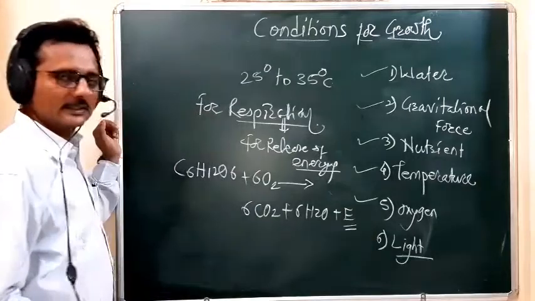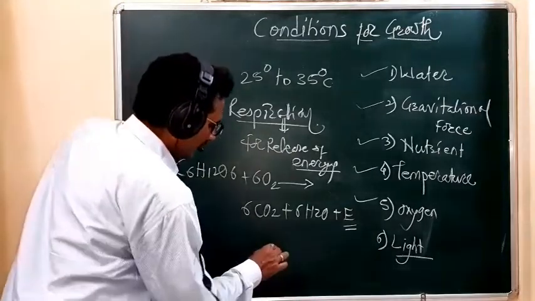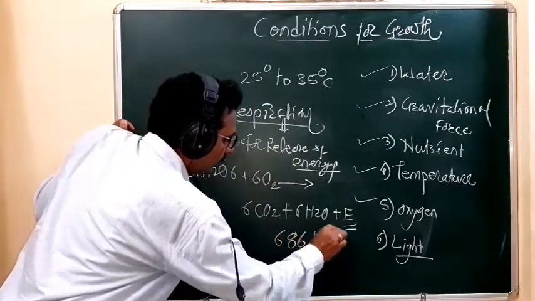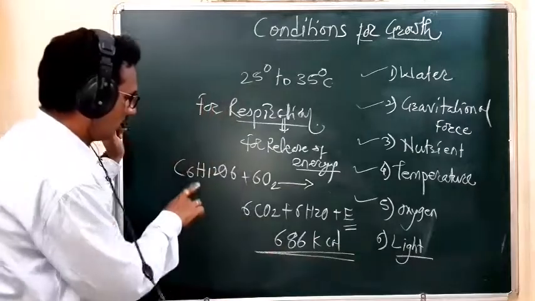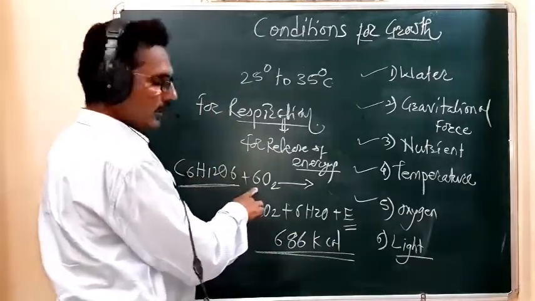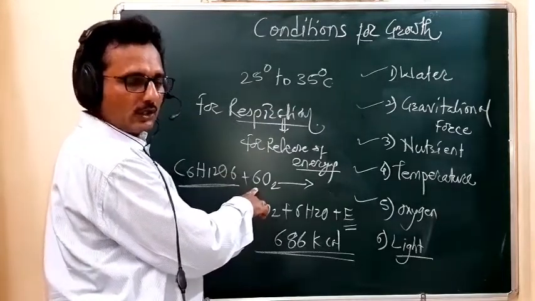How much energy is released from a single glucose molecule? Remember, students, 686 kilocalories of energy is released when it undergoes oxidation in the presence of molecular oxygen.